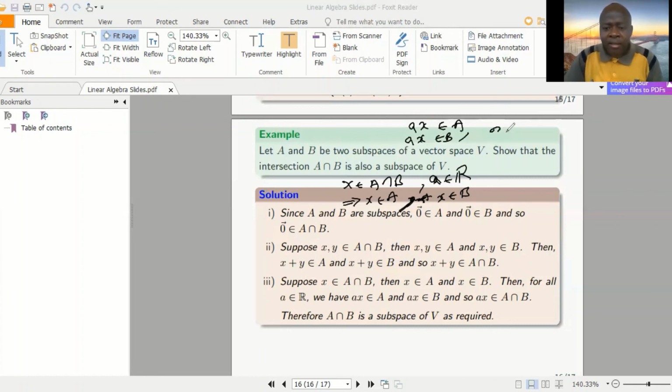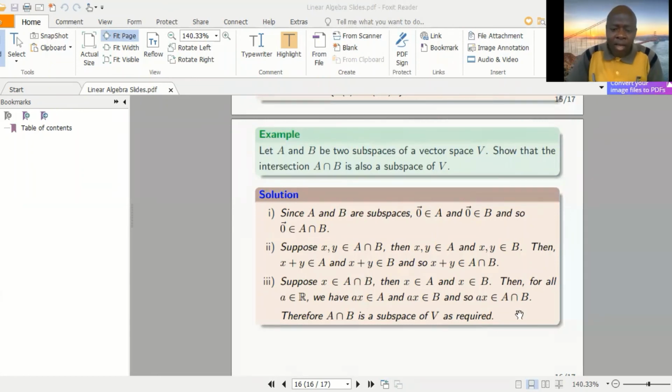That means ax is in the intersection of the two sets. That's what I showed here. So since the intersection of A and B has satisfied the first condition, the second condition, and the third condition, it means that the intersection is a subspace. That is the way I can show that.